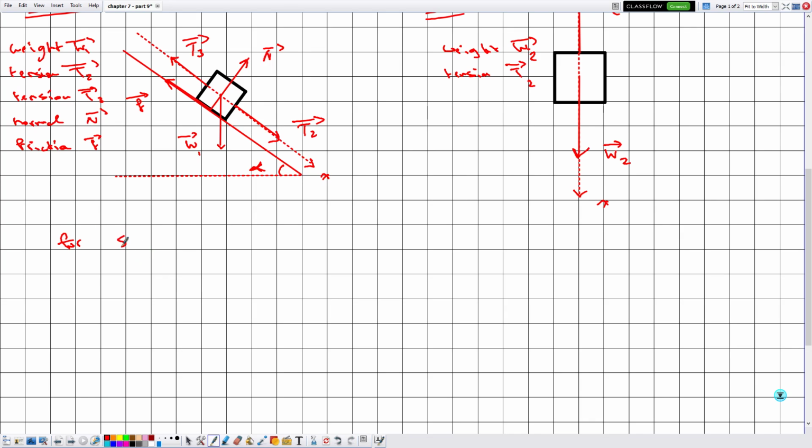Then for S1 we have several forces acting on S1. Let's start with the tension T2, and first let me determine the angles.